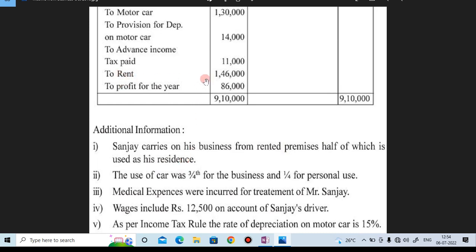So the total rent is how much? 1,46,000. From 1,46,000, half of the rent belongs to business and half of the rent belongs to his own residence. So the half amount which belongs to the residence will be called as disallowed expenses.